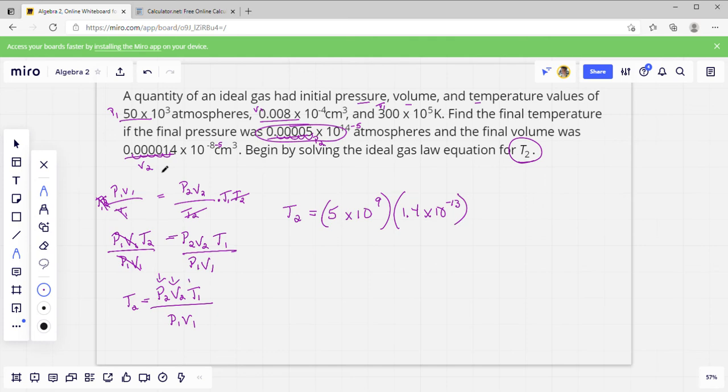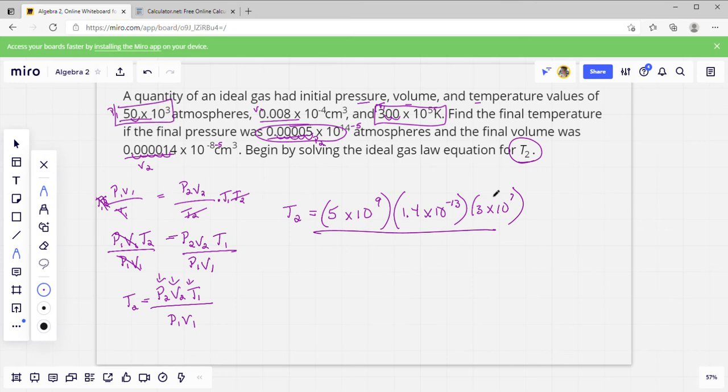And then the last one I have on top is T1, and T1 was right here. Okay, so we use that as T1, so that would be 3 times 10 to the 7th. All that's going over P1, which is right here.